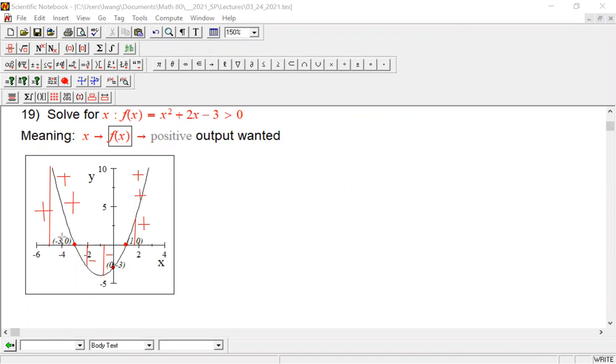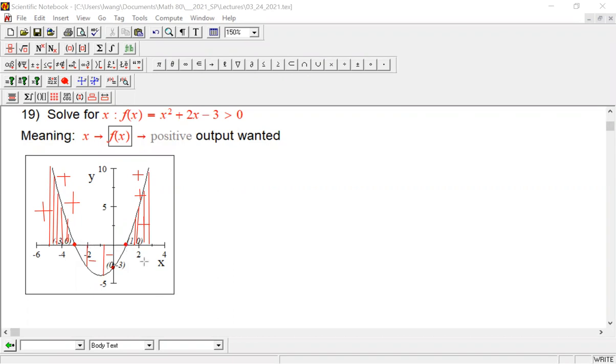And where do you find the input? By drawing the vertical line and getting those points. So all of these are positive output, until here. Now we have these two points.